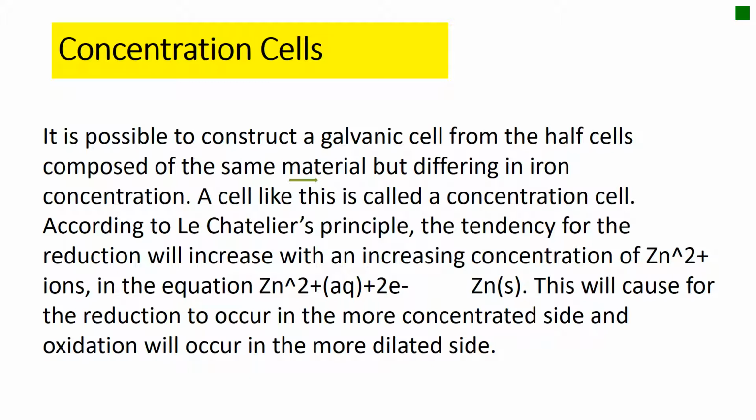So by increasing the concentration of Cu2+ ions, this would cause the reduction to occur in the more concentrated side, and the oxidation will occur in the more dilute side. So keep that in mind: reduction is always going to occur in the more concentrated side, and oxidation will occur in the more dilute side.